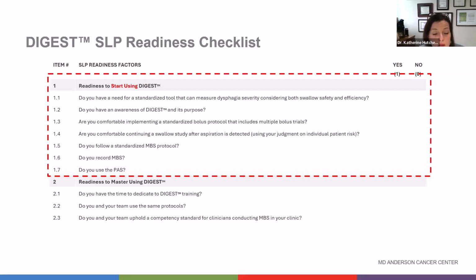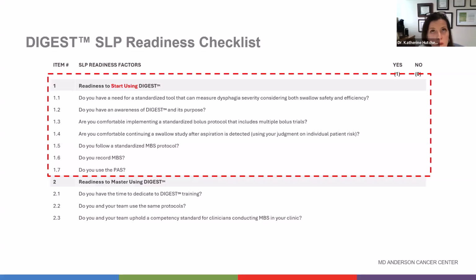They also needed to be comfortable continuing a swallow study after aspiration was detected, using their clinical judgment on whether it was appropriate for an individual patient's risk. They needed to follow more globally a standardized protocol for their MBSs, record MBSs, and use the Penetration Aspiration Scale score.